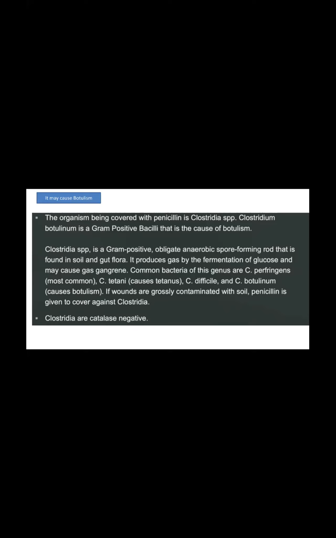So actually, if you ask me, I always think the easy way. A patient comes to my hospital with an open fracture, I think regarding Clostridium. I may not remember perfringens, tetani, difficile or botulinum, but I have to remember that I have to give tetanus toxoid injection for coverage, and the antibiotic to cover this Clostridium variety of organism.